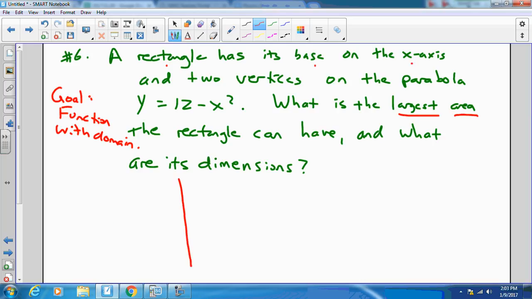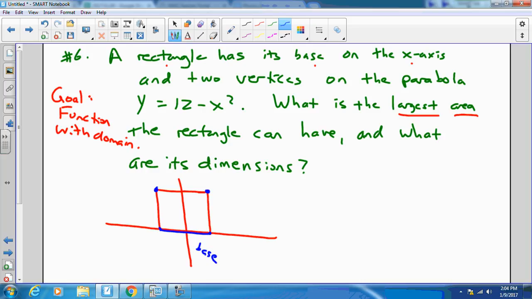Okay? Now let's start translating. We have a rectangle with its base on the x-axis. Okay? So, I'm going to start with drawing myself a rectangle whose base, this is the base of the rectangle, is on the x-axis. And it has two vertices on the parabola y equals 12 minus x squared.